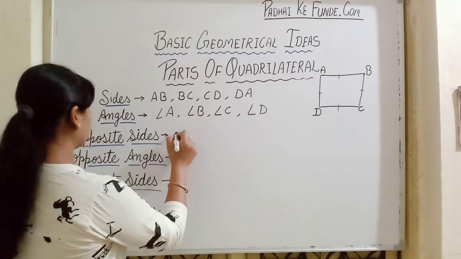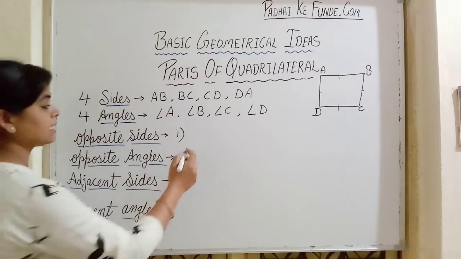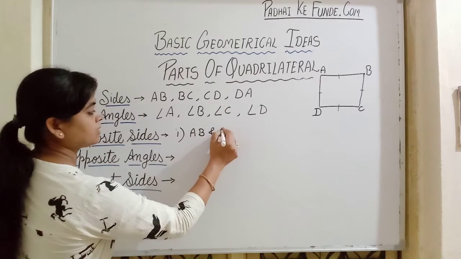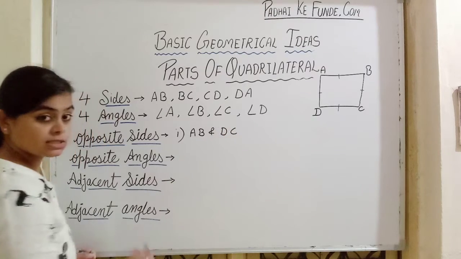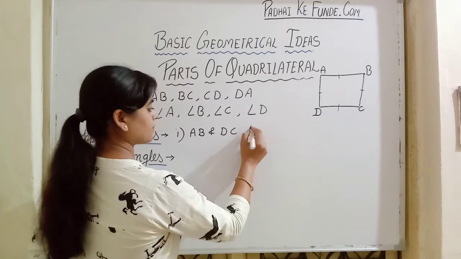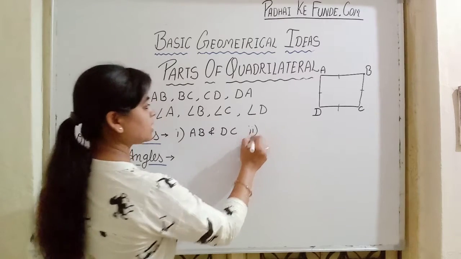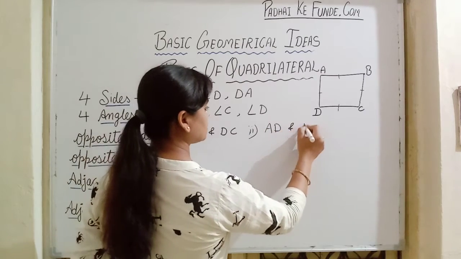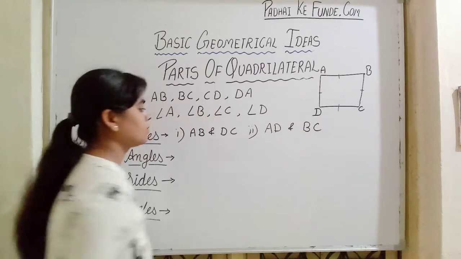So the two pairs of opposite sides are AB and DC. This is the manner to write the pairs of sides. And the second pair is AD and BC.